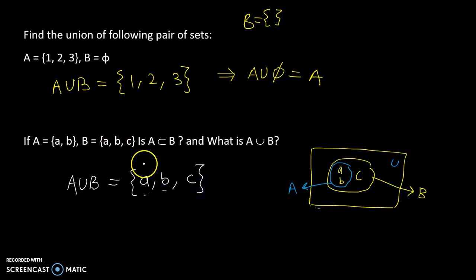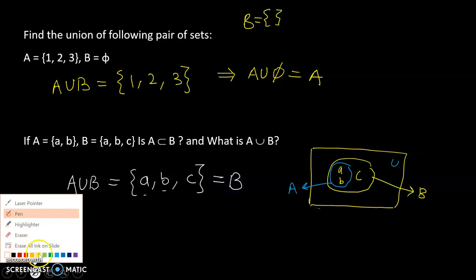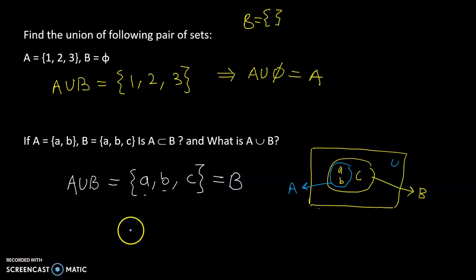So c comes from B, and a and b come from A. And if you see this entire structure, this is equal to B. So I can simply write one more argument here, that if A is contained in B, this simply implies A union B is equal to B. So that is about A union B for this.